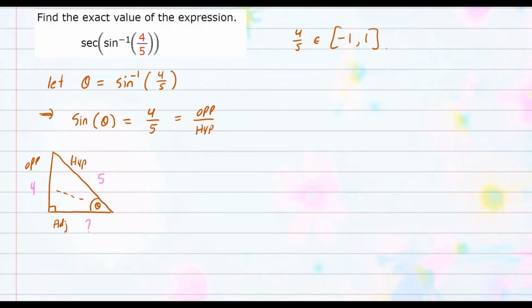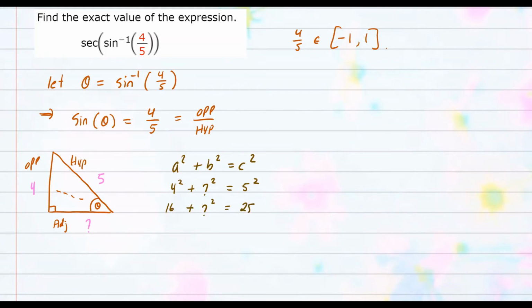Now that's from Pythagorean's theorem. We know that's one of the sides. So we know we have a squared plus b squared is equal to c squared. We're missing one of the sides. So we have 4 squared plus question mark squared is equal to 5 squared, because that's the hypotenuse. 4 squared is 16. So 16 plus question mark squared is equal to 25.